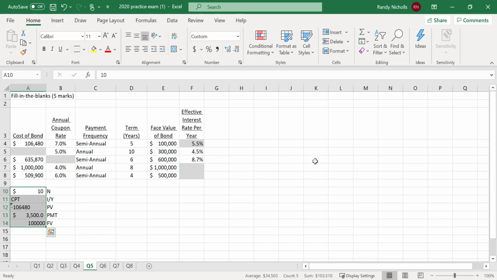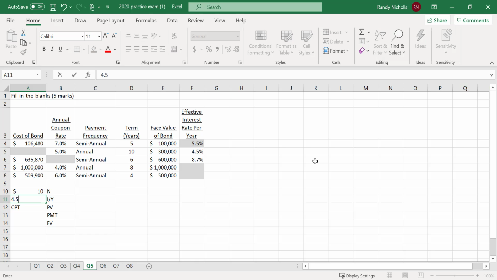Let's clear all this. So now I'm going to compute PV because that's a number I don't have. N, it's a 10-year bond and it's annual, so that's 10 periods. IY is 4.5%. Again, it's annual, so I'm just going to keep that. Watch, you need at least one decimal place in these questions.